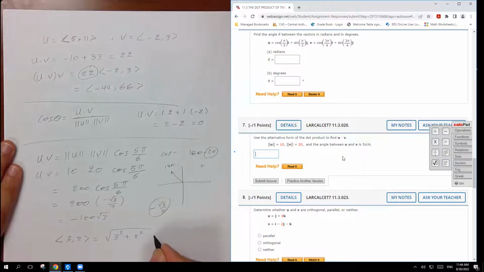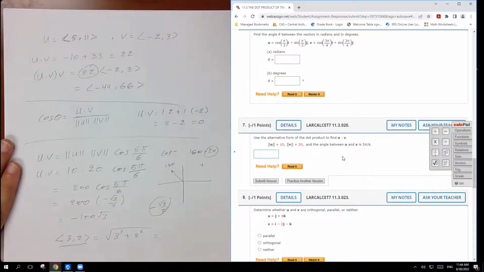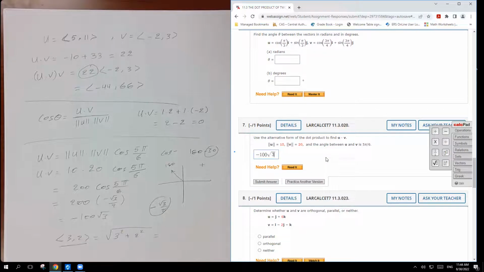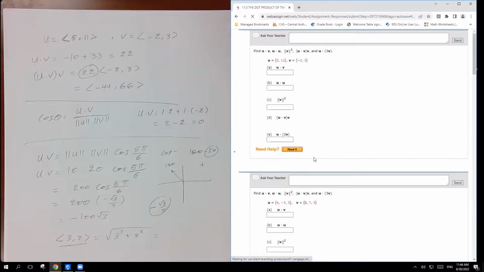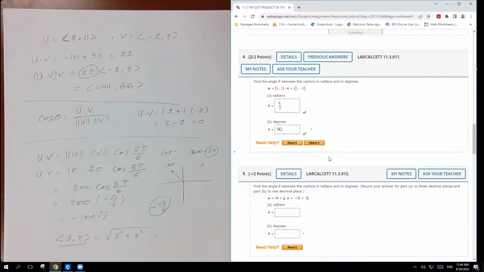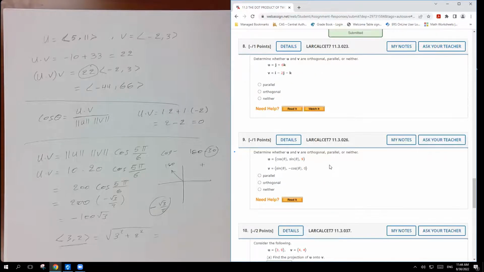The first component squared plus the second component squared. Got it? So let's check, this one is negative 100 square root of 3.